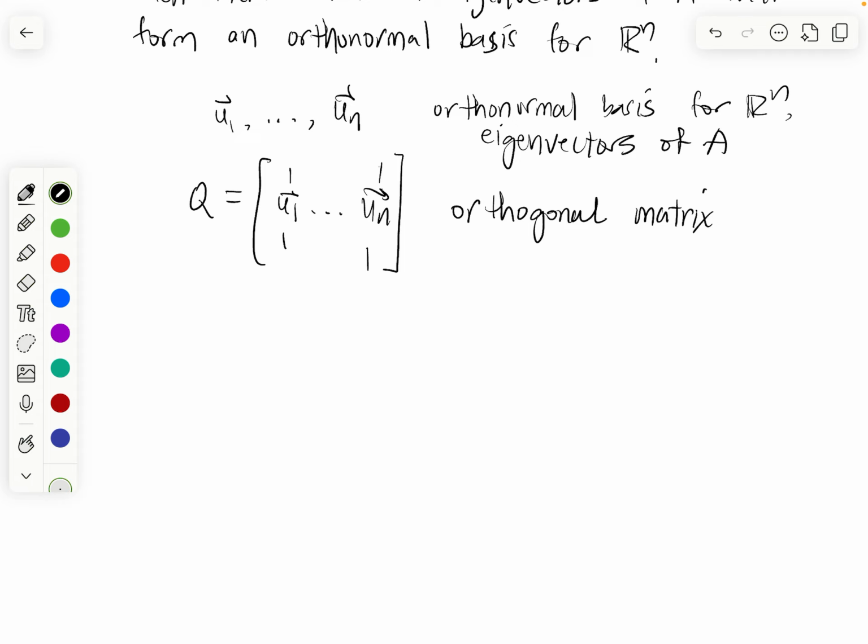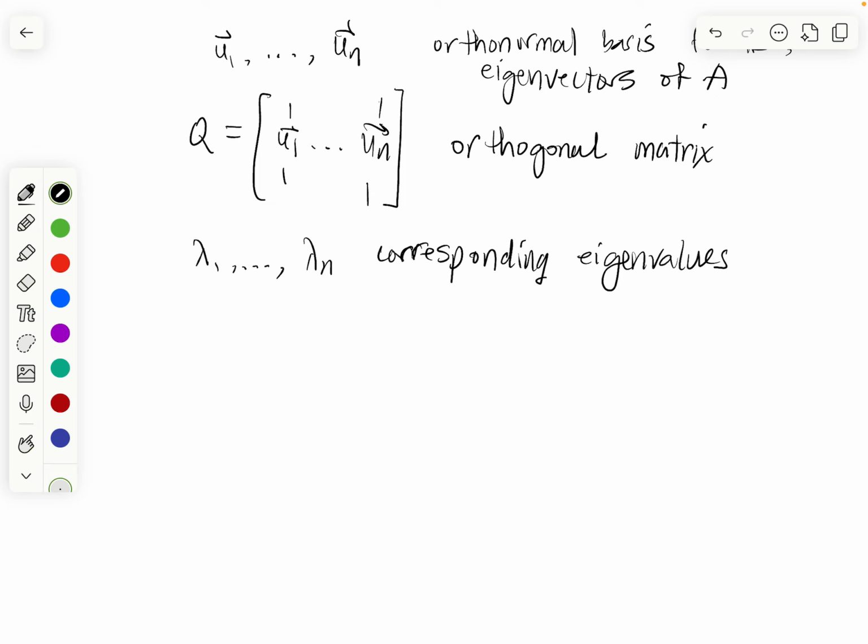Now, what about the part where the ui's are eigenvectors of A? Let's say that lambda 1 through lambda n are the corresponding eigenvalues of the ui's. Then if you take the matrix A and multiply by this matrix Q, what are you going to get?